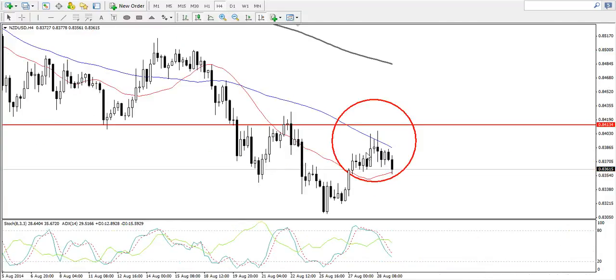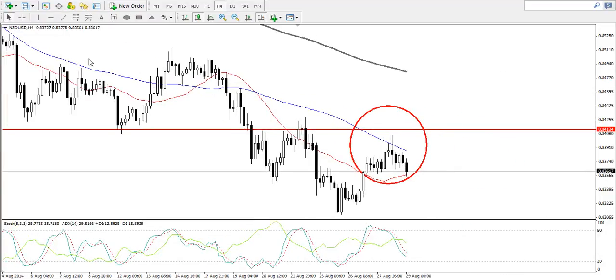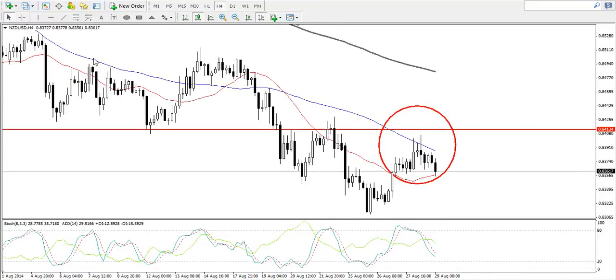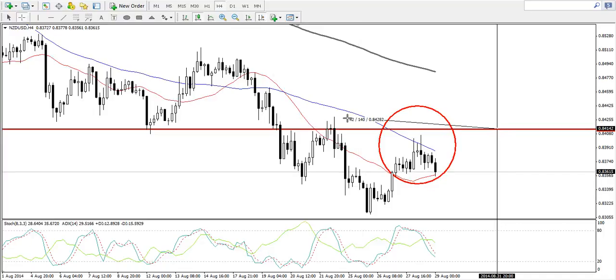If we're going to enter a short trade, preferably we would like to place our stop loss above this level at 0.8413, and therefore a good stop loss level would probably be somewhere at 0.8449.